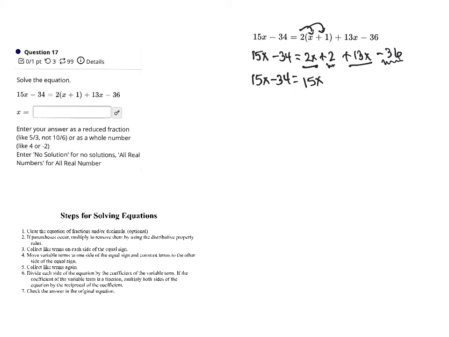That's going to give me a negative 34. So are these exactly alike? Yes, they're exactly alike. So this is going to be true, and it's going to be all real numbers. And it says write all real numbers. So we'll have all real numbers.